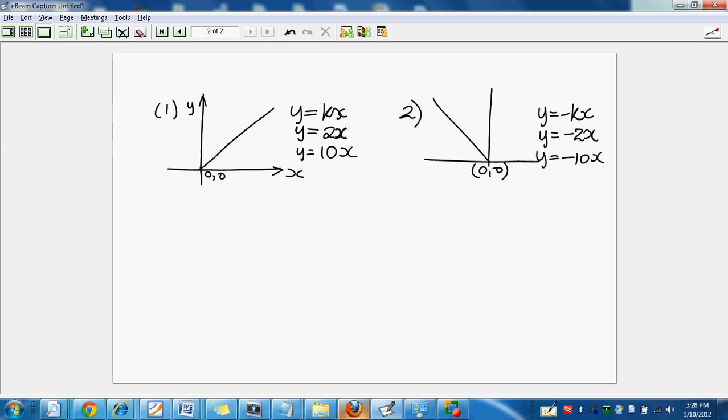So without actually plotting anything, once we learn this, you will actually know what the shape of the graph is supposed to look like without plotting any values. Okay?